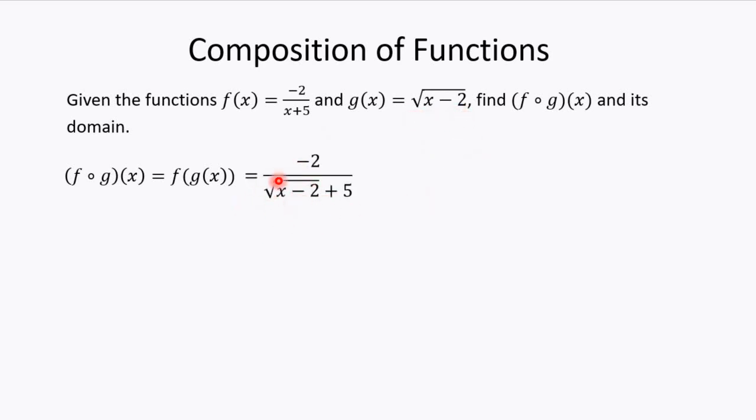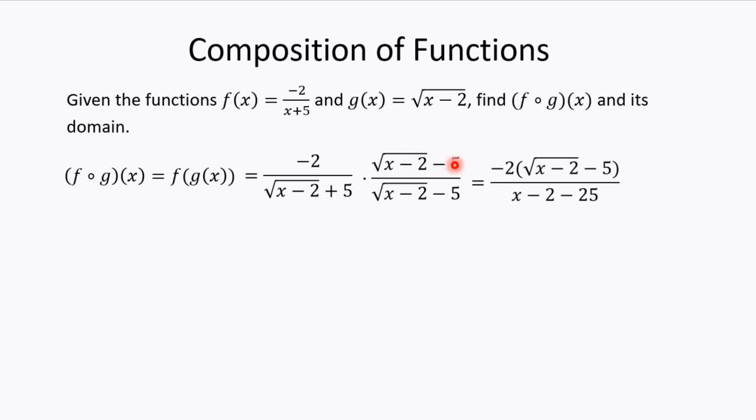To get rid of that radical from the denominator, we're going to multiply the top and bottom of this fraction by the conjugate of the square root of x minus 2 plus 5, which is the square root of x minus 2 minus 5. On top is just going to be -2 times the square root of x minus 2 minus 5.